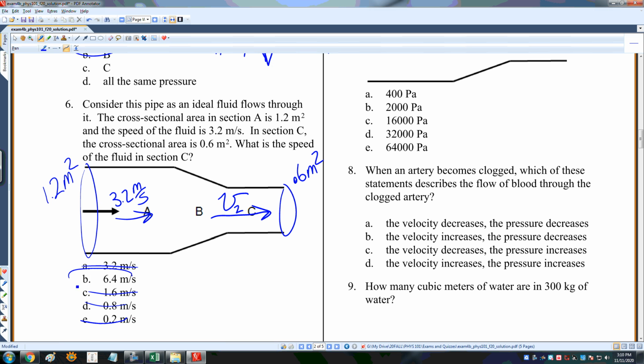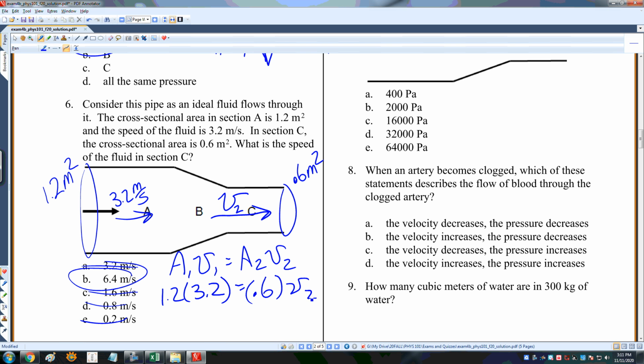I'll get rid of them all. So 6.4 has to be the answer. But let's just go through this. A1 V1 equals A2 V2. That is 1.2 times 3.2 is equal to 0.6 times V2, and so V2 is equal to 6.4 meters per second.